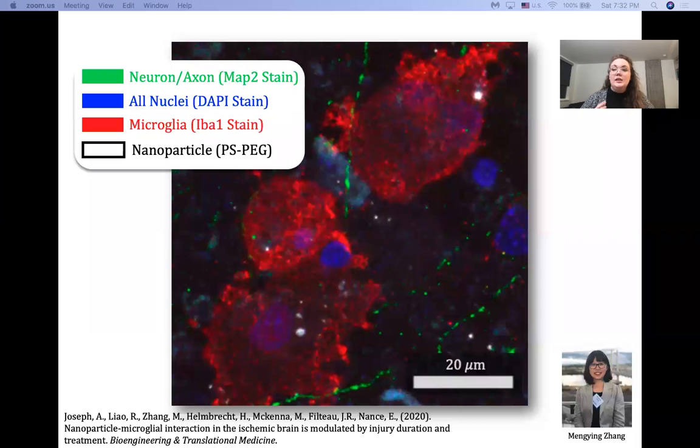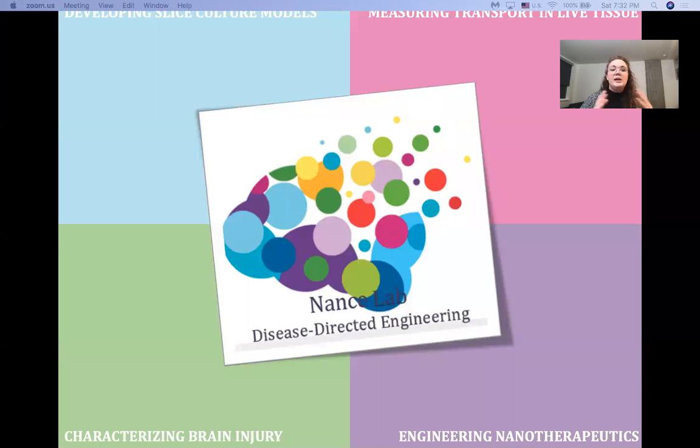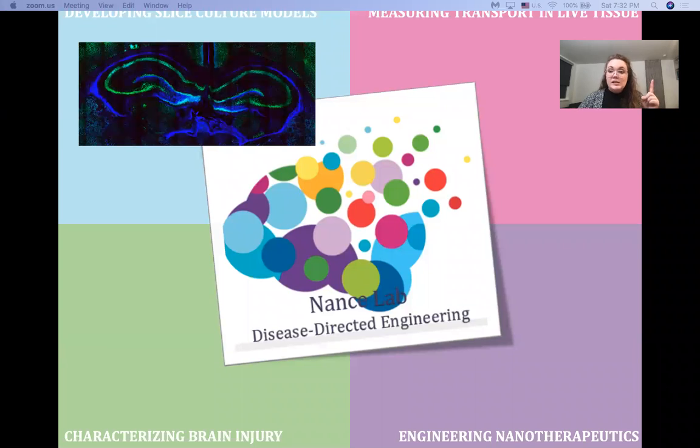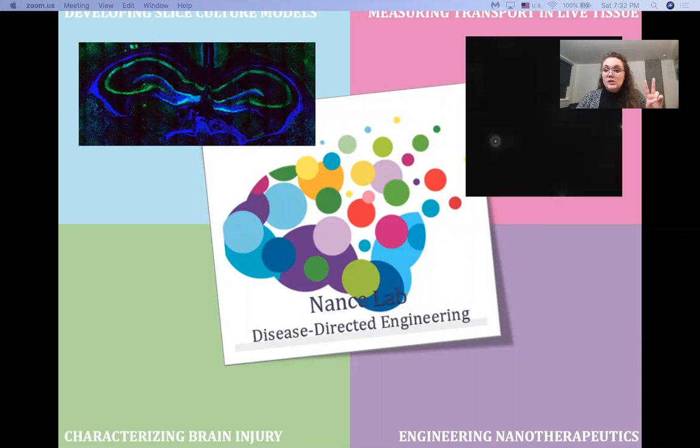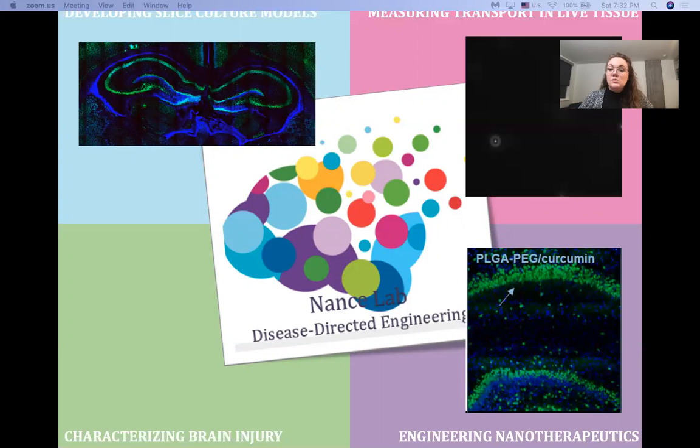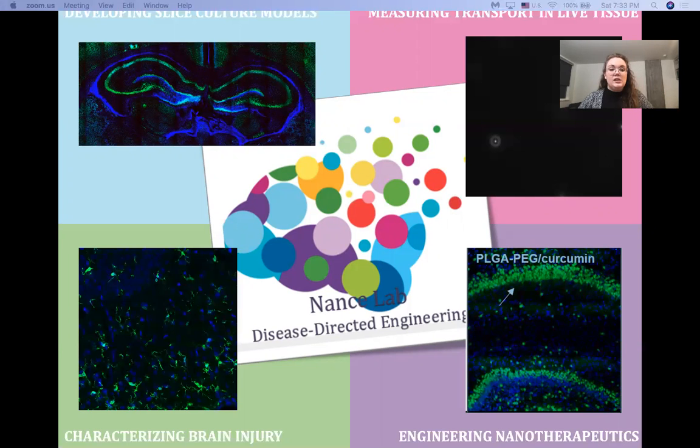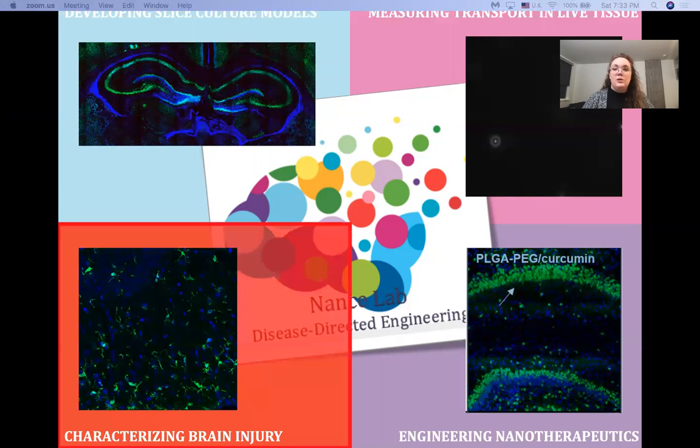I hope that the complexity of these images shows the necessity for us to break this down into four main areas in our lab, which is one, developing slice culture models, such as OGD, what we use here, two, measuring transport in live tissue, so we not only take images of nanoparticles, but we can actually watch them and track their diffusion and interaction in their microenvironment. Three, engineering nanotherapeutics, we can take what we have learned and apply it into treatment of disease. And four, characterizing brain injury, which is where most of my work falls under.